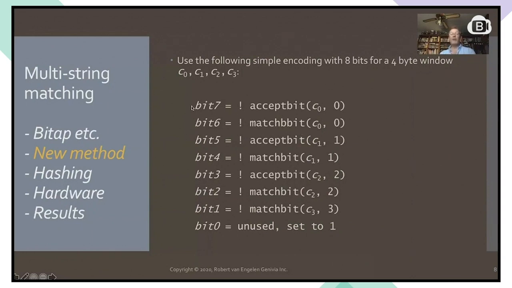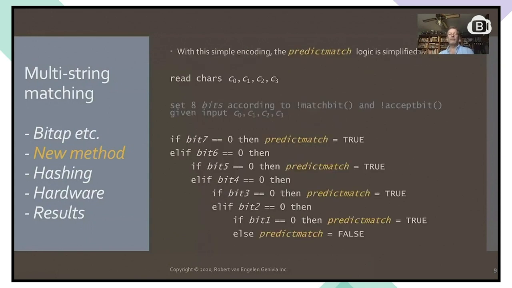There's a very particular reason why we choose this order, not bit 0 to 7, because this doesn't work any other way, as explained over here. All right, so with this simple encoding, when we get the information from accept bit and match bit, we put that information into a bit vector of 8 bits using inverted logic, as shown here in light blue. That's the part where we compute the 7 bits.